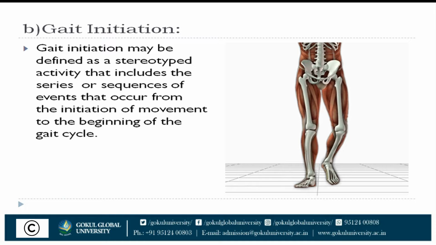Gait initiation may be defined as a stereotyped activity that includes the sequence of events that occur from the initiation of the movement to the beginning of the gait cycle.